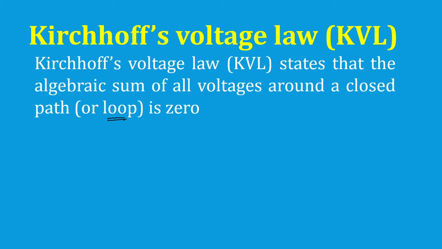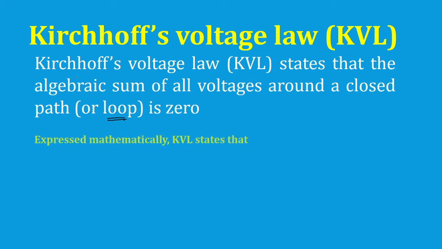There are positive voltages and negative voltages, which we will try to understand now. We'll take one example. Sign convention is very important. Based on the sign convention, we can calculate and try to prove Kirchhoff's voltage law.